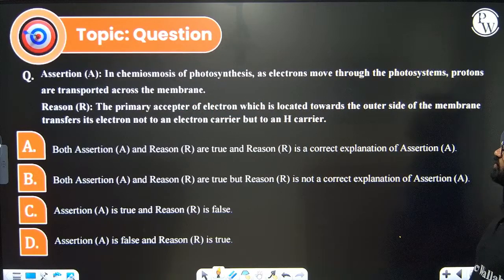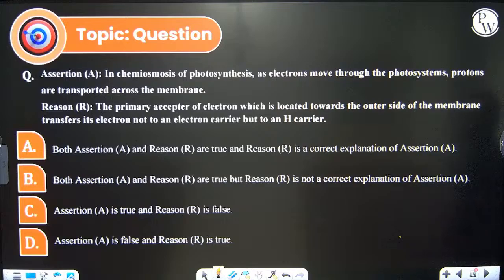In chemiosmosis of photosynthesis, as electrons move through the photosystem, protons are transported across the membrane.